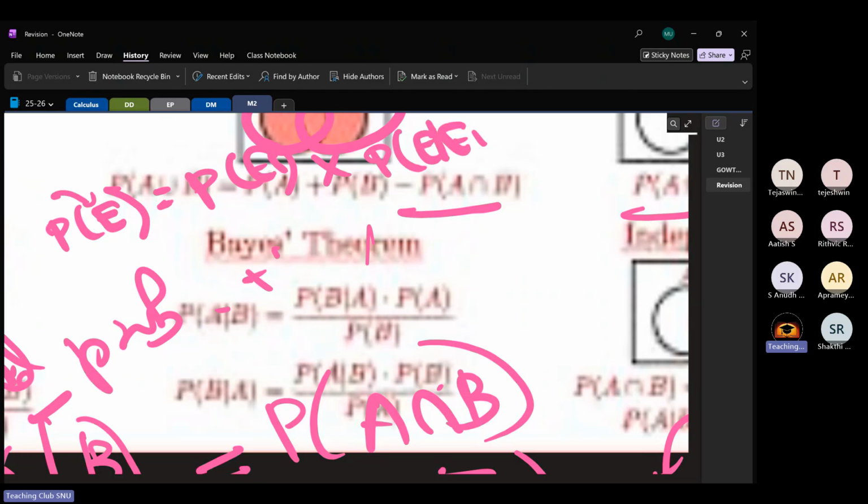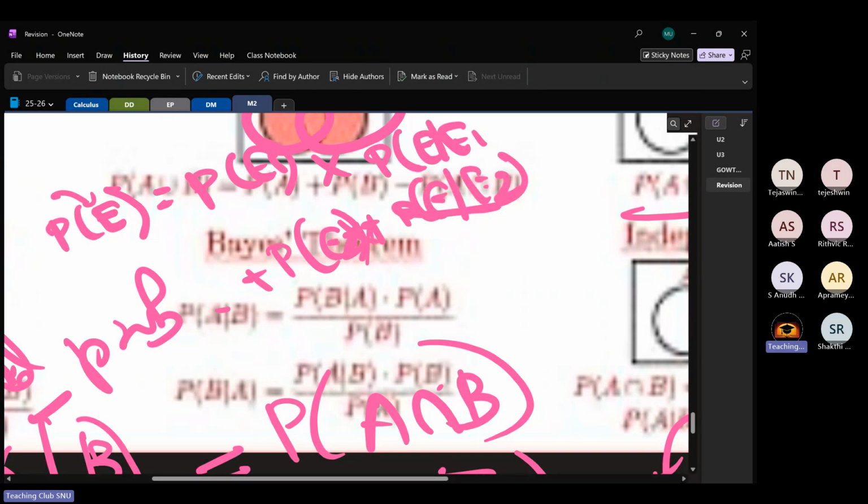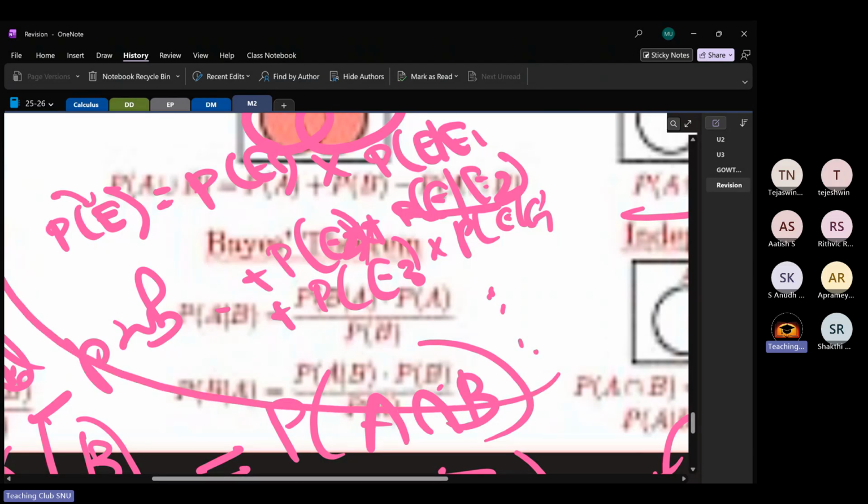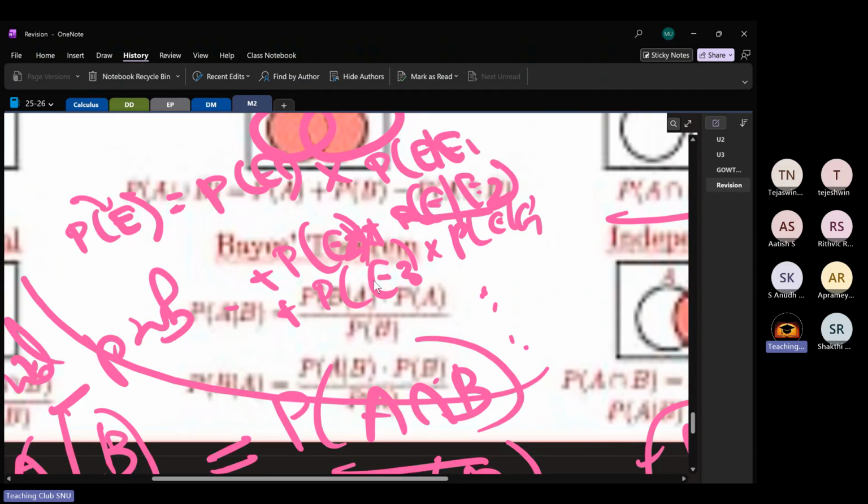The same way, what is the probability of E2 happening, and within E2, the probability of E happening? And so on, probability of E3 times probability of E given E3, till the end. So this is the entire set, and this is the total probability.